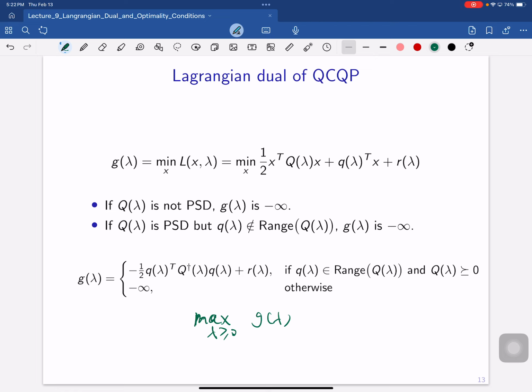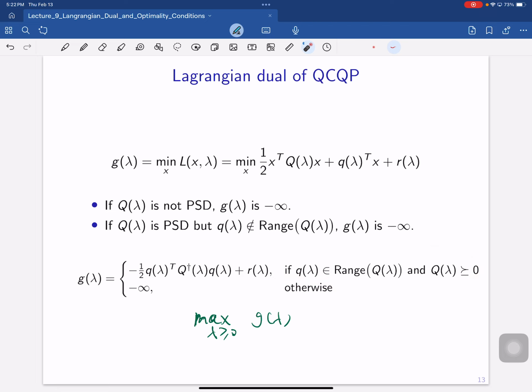It's not so straightforward because, of course, you don't care about the case where this G lambda function is unbounded, right? In this case, it gives you a very trivial lower bound. What you care about is this case, right?